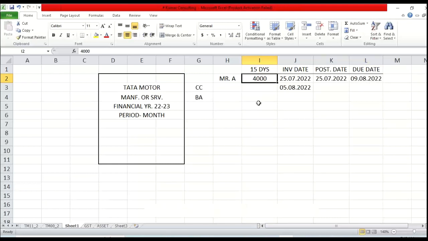If the vendor receives the payment on 9th, there is no problem. The vendor will not escalate this matter because the vendor has nothing to do with which date we have posted the invoice in our system. The vendor needs the payment on time, right? So even though this fellow has made the mistake, he was still able to manage it, right?